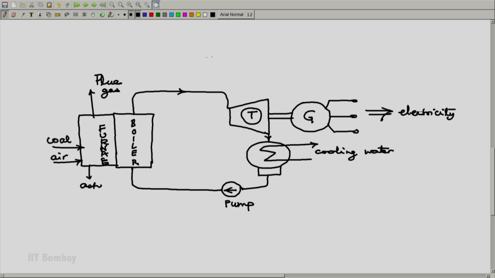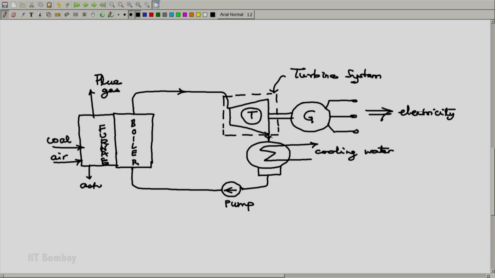So I can put a dotted line around all this, and that is essentially the system we saw a few minutes ago. But it is also possible to consider subsystems. For example, this is my turbine system, and I can apply my laws of thermodynamics to this smaller system which consists of the turbine.